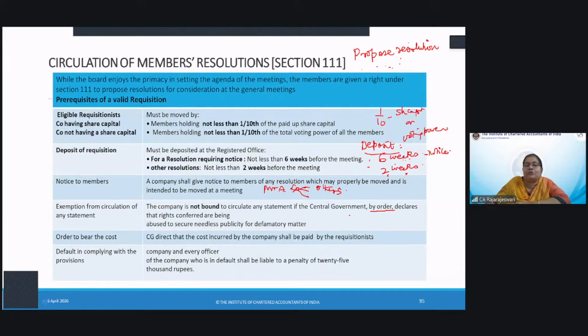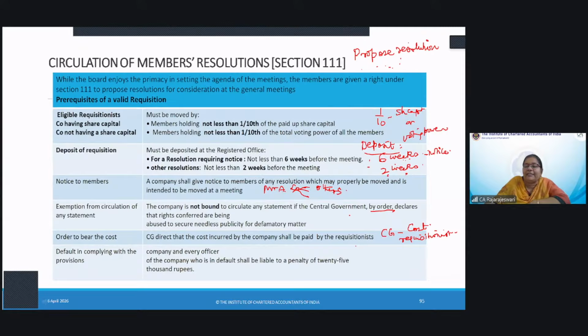Then they should have to obey the central government order. And also the central government can specify or direct that the cost which has been incurred by the company should be paid by the requisitionist. Whoever has requisitioned the proposition or that proposal, that he should have to bear the cost.